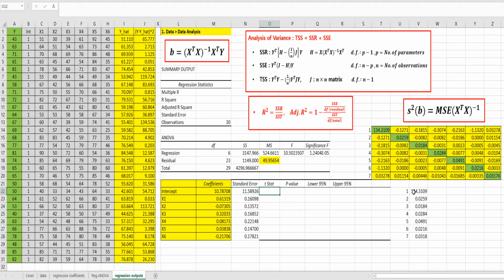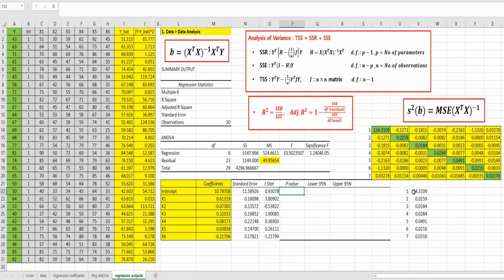Right. Then T statistic, coefficients over standard error. Okay, there are negative T statistics.